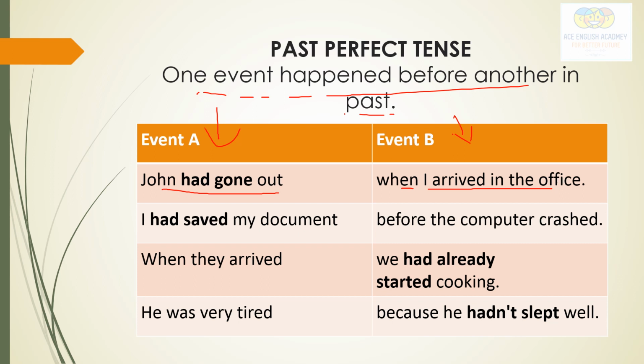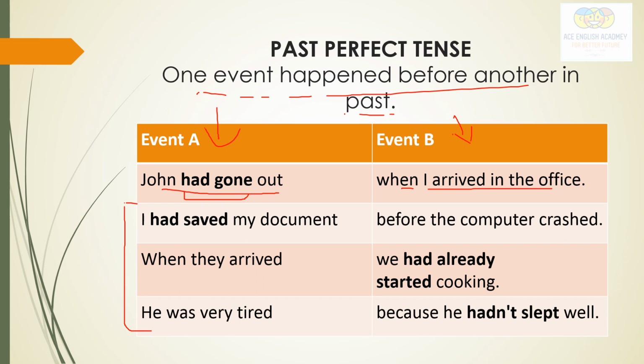So he went out of the office when I arrived in the office. So with this we will not use simple past. What will we use? Past perfect tense. For the earlier event we use past perfect tense. Similarly, here three more examples are there. You can take your time and go through all three examples and understand them.